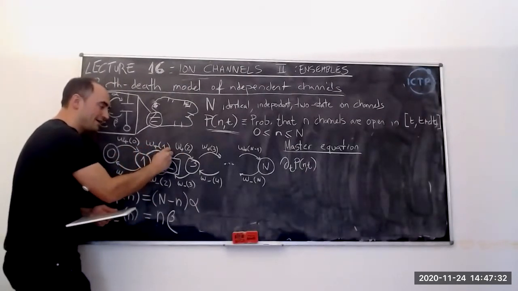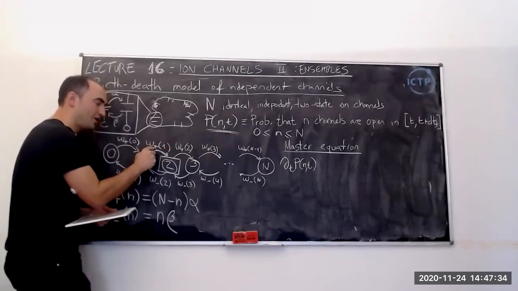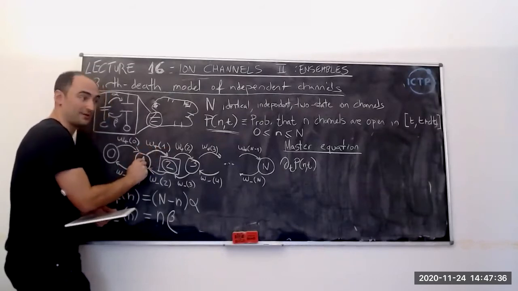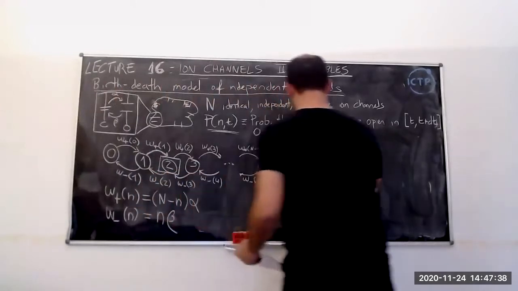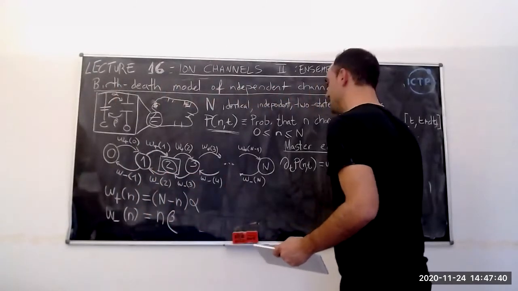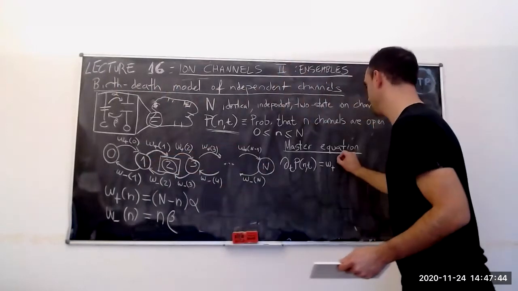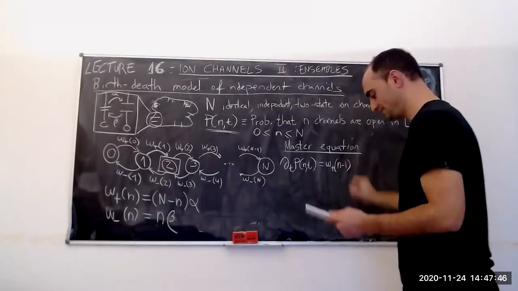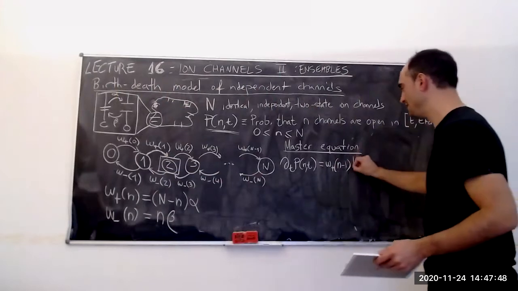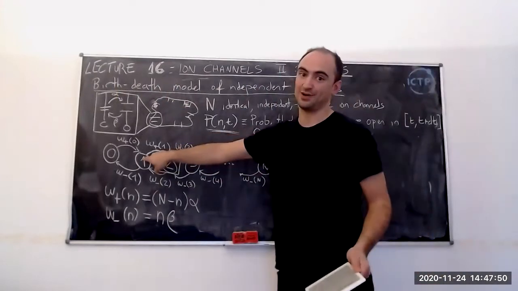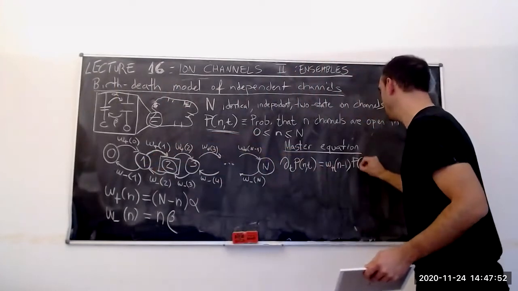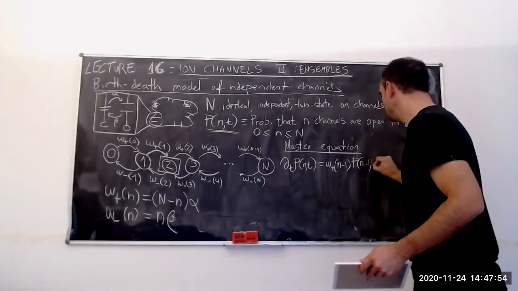Okay, so this is opening one gate from the previous state. This will be ω⁺(n−1), since I come from n−1, times P(n−1, t).